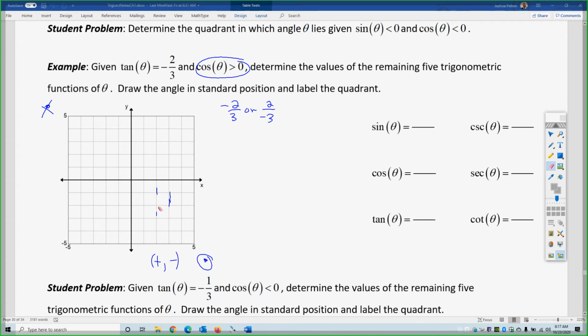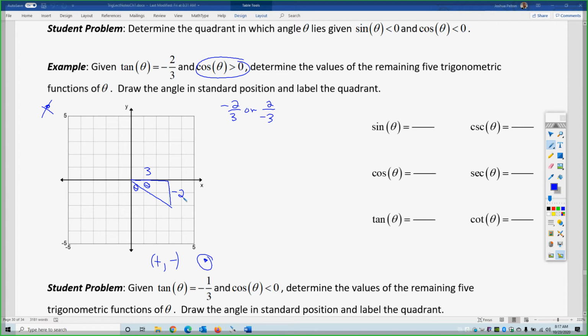Well, if I draw the angle in the corner here, there's one way to know. If I draw this angle theta, and I go over 3 and down 2 when I make the triangle, that would be 3 here and negative 2 here.